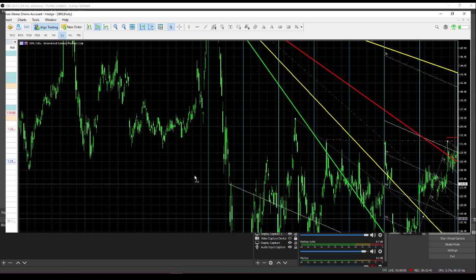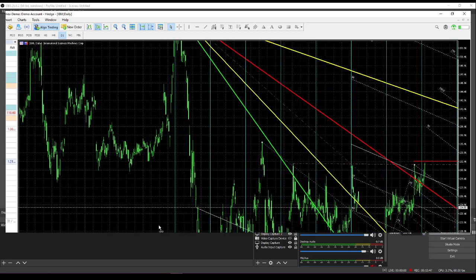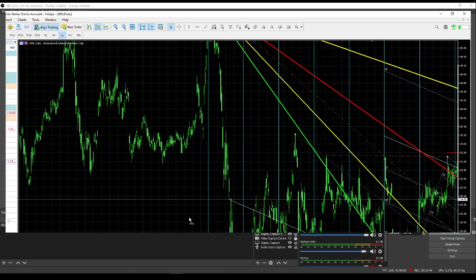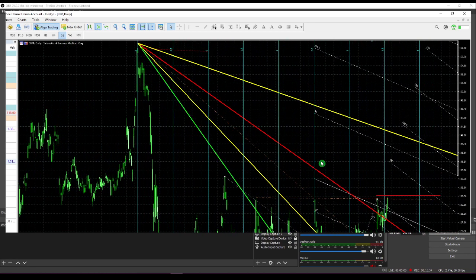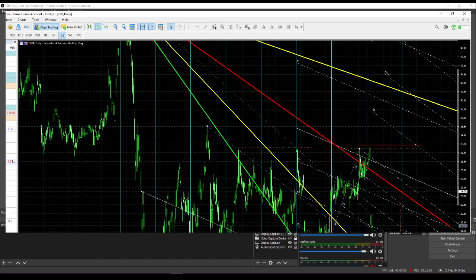Another reason the short might come into play was that we'd hit that 2.5 time level as well. And really importantly, this midline red line also seemed to be acting as a symmetry at the time. So it could have been a turning point, and was.